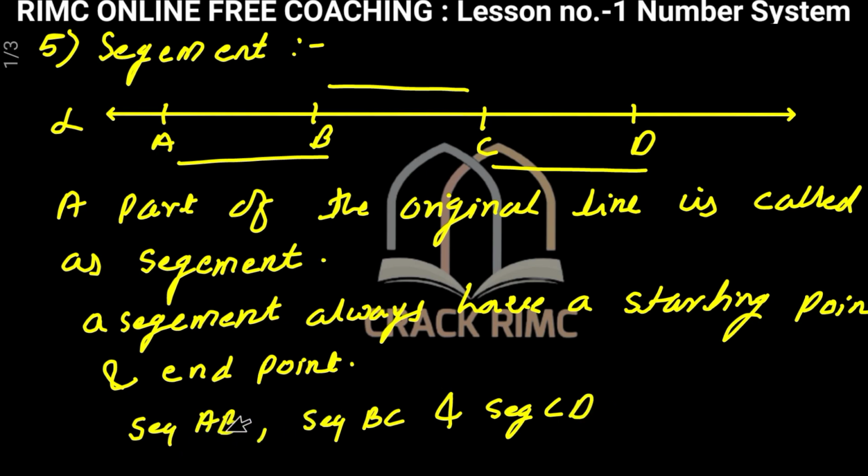Segment AB means the part of the line from point A to point B, right? Starting point is A and end point is B. So that's why we have written here that a segment always has a starting point as well as an end point.